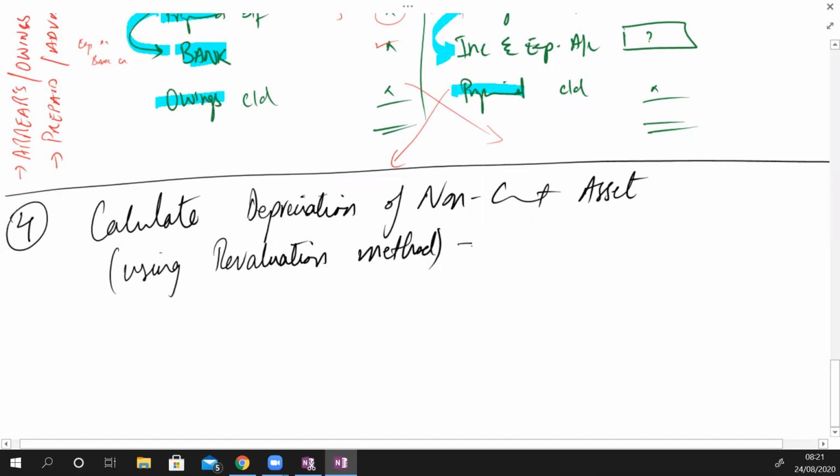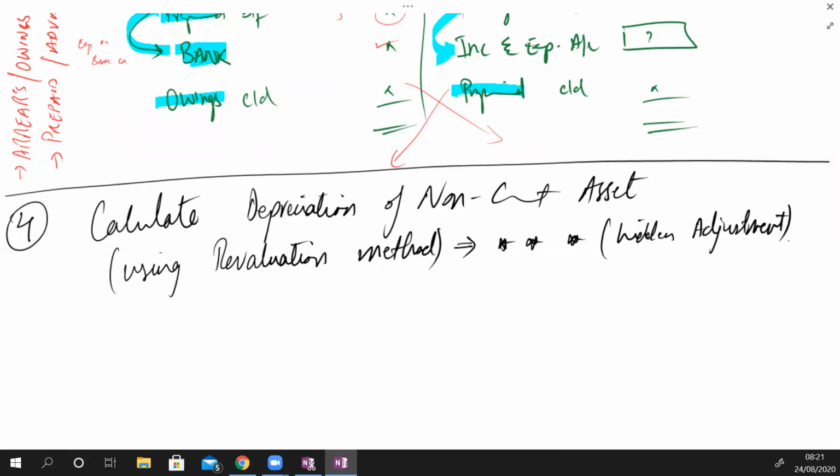Okay, and it's a hidden adjustment. When I say it's a hidden adjustment, what I mean is basically even if you're asked, or even if you're not asked to, you have to calculate depreciation. If you see a non-current asset, there will be a depreciation.